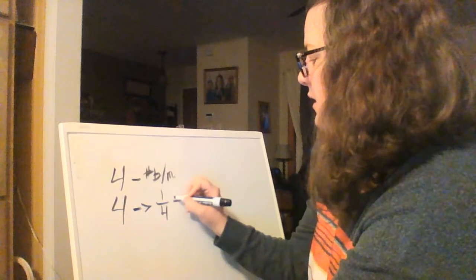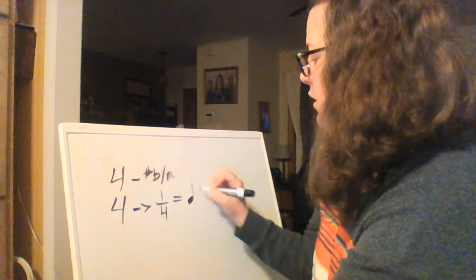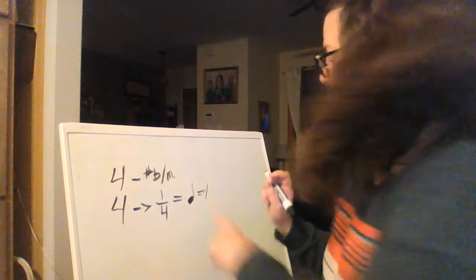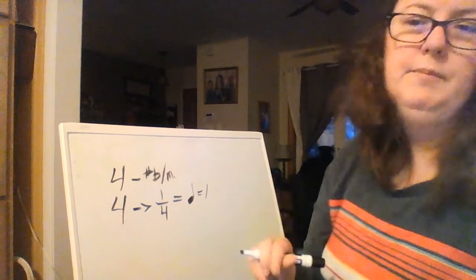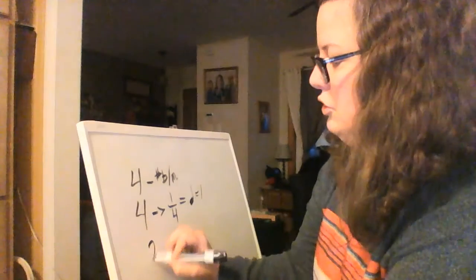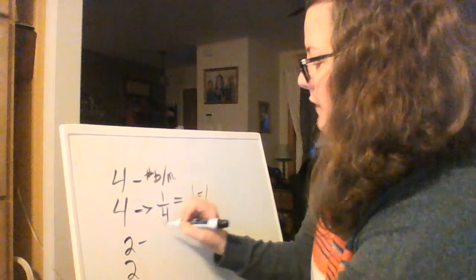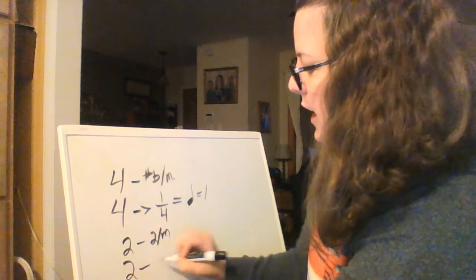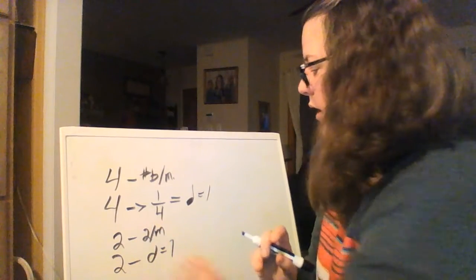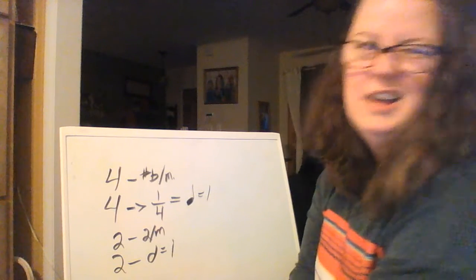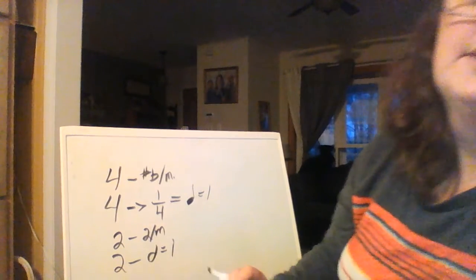That means that a quarter note is going to equal 1. If we have a 2 on the bottom instead, for example 2 time, then we would have 2 beats in the measure, and a half note would equal 1. Just so you understand how that works before we get too far into this.